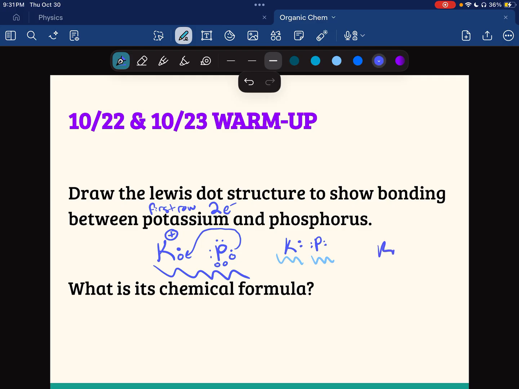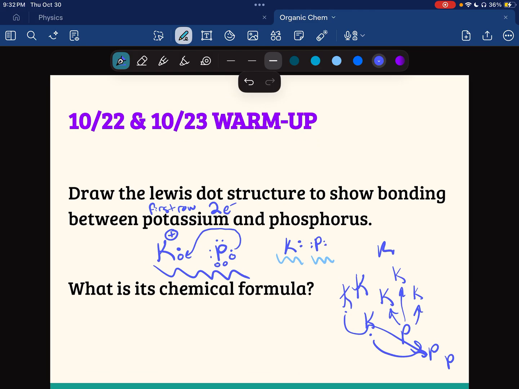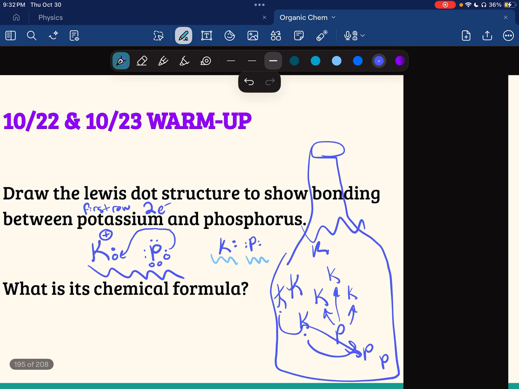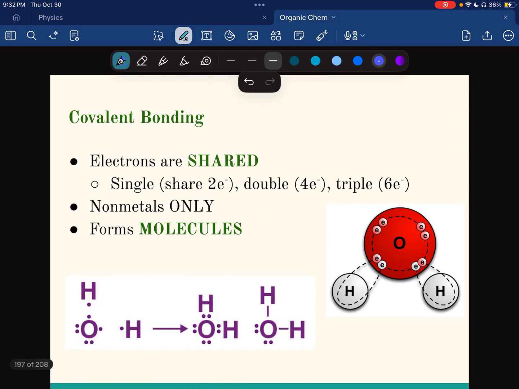So you don't just have 1 potassium, you have a bunch of it floating around in solution, and you have a bunch of phosphorus, and those phosphorus are just going to pick up 3 potassium each, or the electrons from the potassium are going to go attack the phosphorus. That's really messy, but you can imagine it like in a flask, like that, and that's your solution.